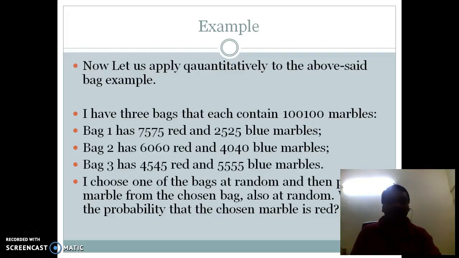Bag 2 has 60 red and 40 blue marbles. Bag 3 has 45 red and 55 blue marbles. I choose one of the bags at random and then pick a marble from the chosen bag, also at random. What is the probability that the chosen marble is red?